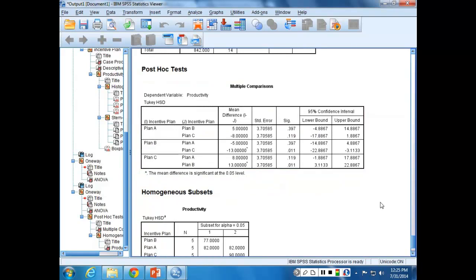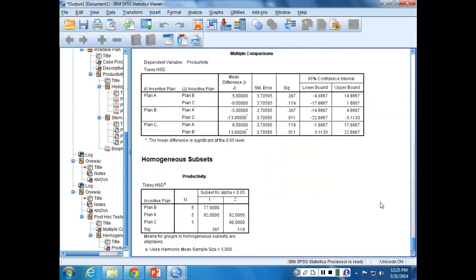But then we get actually two things here. These are two ways of presenting the same thing. So we saw with that small p-value that we rejected H0. So I'm looking at plan A and plan B. It goes from about -5 to +15.